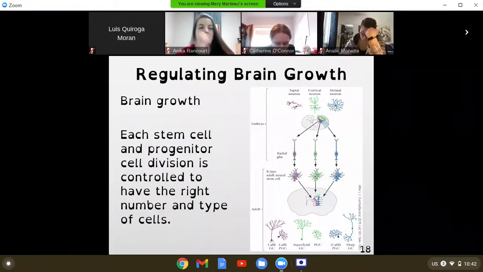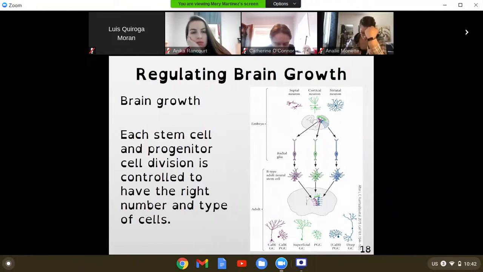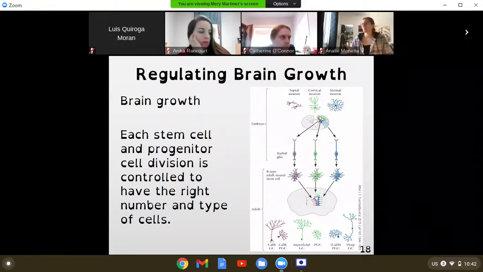So the vertebrate brain, as I say, is highly complex and required to have all the right pieces of the puzzle in the right position, and each piece must be placed at the right time. It's not like when we build puzzles. Do you like to do puzzles? I normally start on the corners and then I start filling in, right?